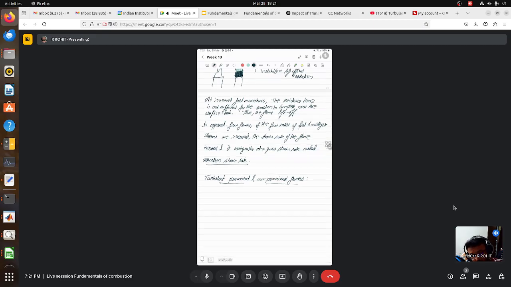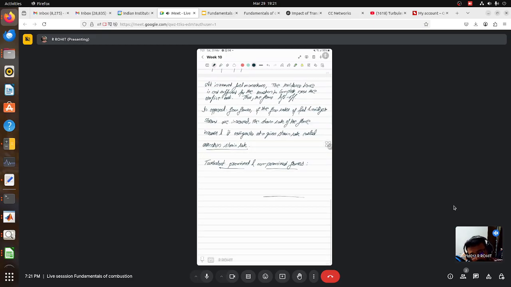So in this, if you have a projection like this, your flow comes and it can be interrupted and form eddies, and larger eddies can be formed.